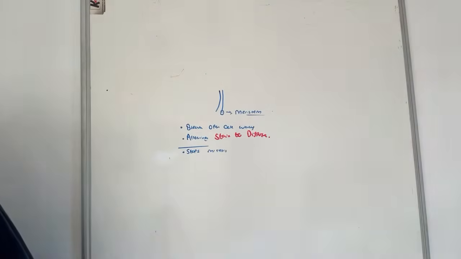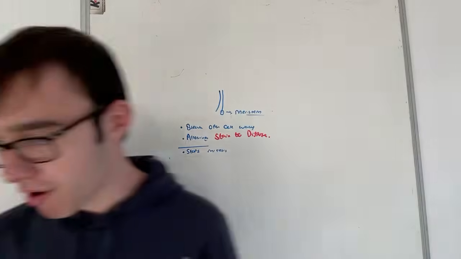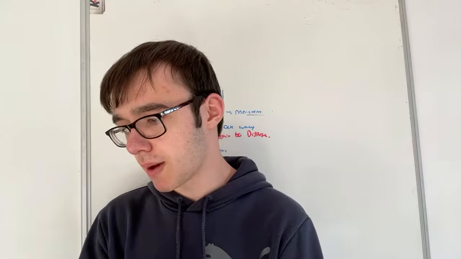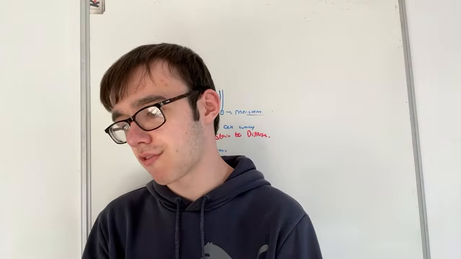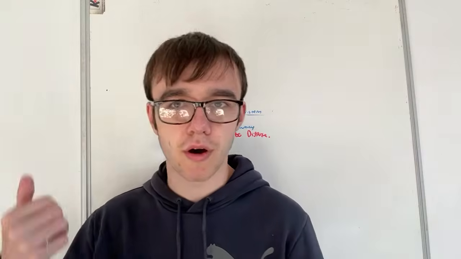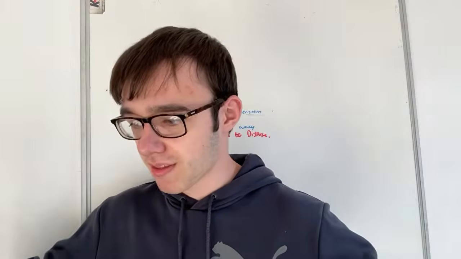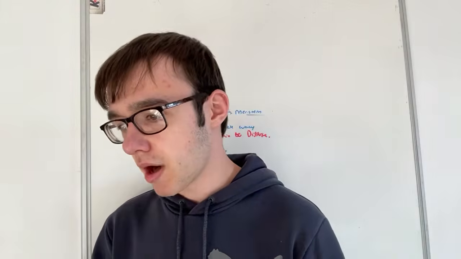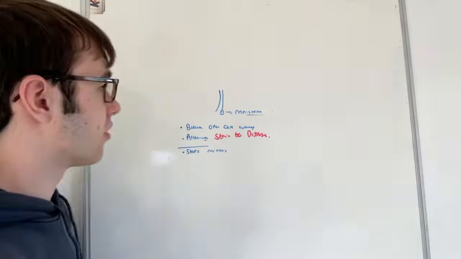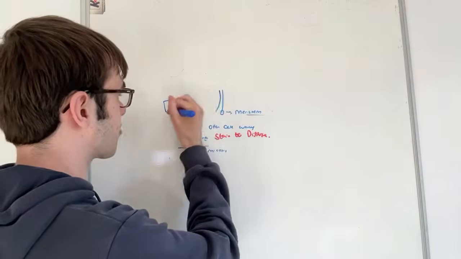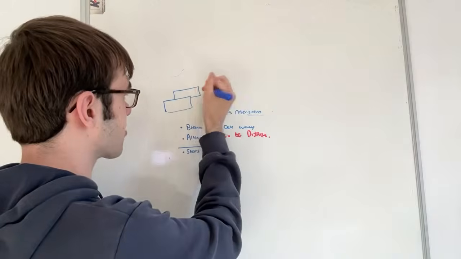Okay. Next question. Pressing the cover slip downward enabled the student to observe the stages of mitosis clearly. Explain why. So this is where you press the cover slip down and it basically flattens out the cells. I'm assuming what they want you to talk about here is the fact that it's creating a thin layer of cells.